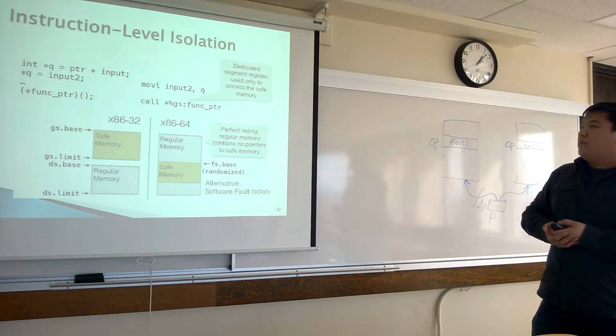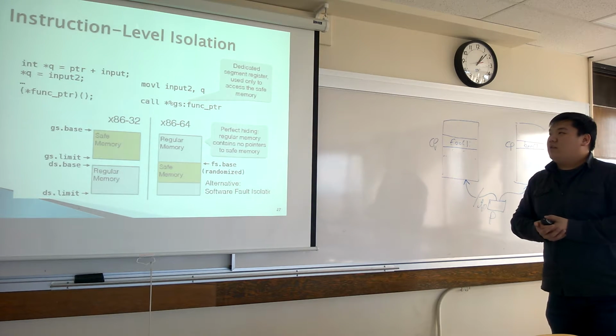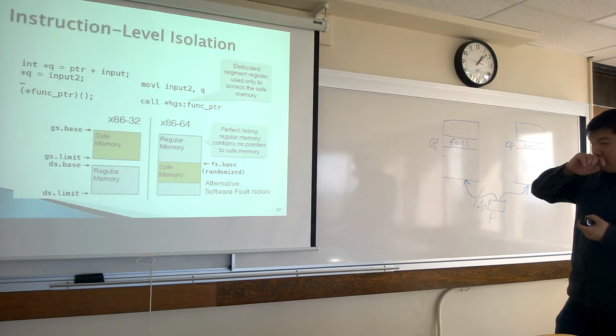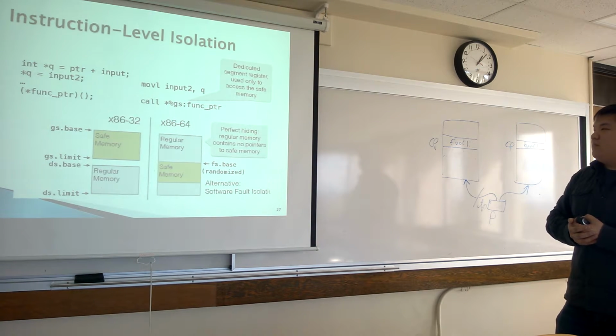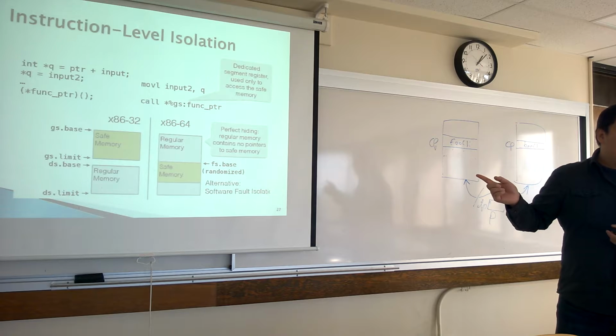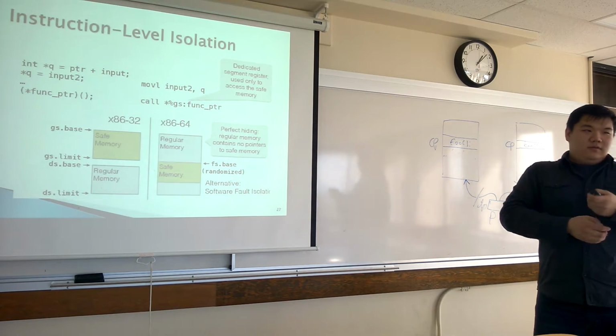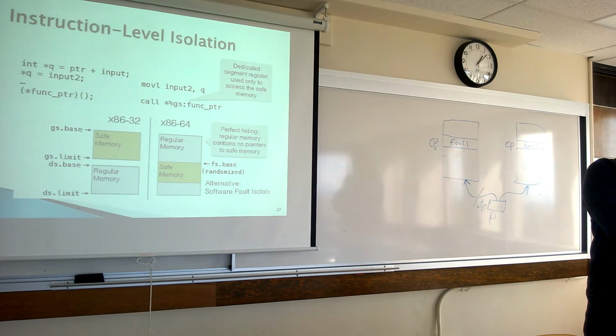So in terms of the instruction level isolation, they talked about this as well. I was actually a little confused about this question, to be honest, how they talked about how they use registers. This is a low-level systems aspect. Yeah. So depending on what type of architecture you're working on, you're going to have different benefits or options here.